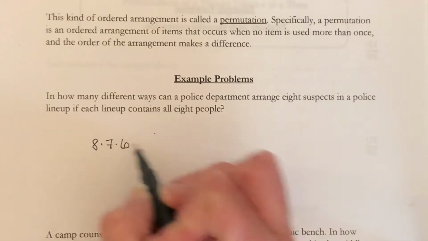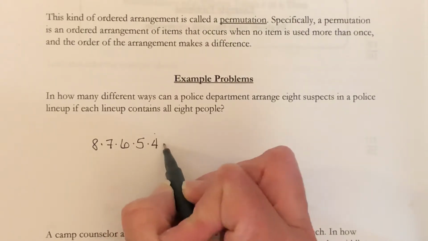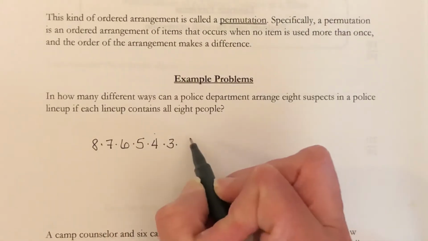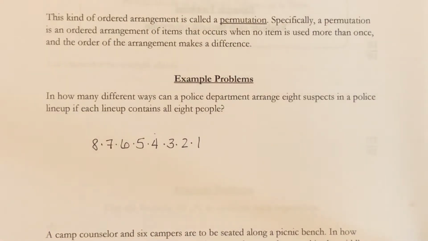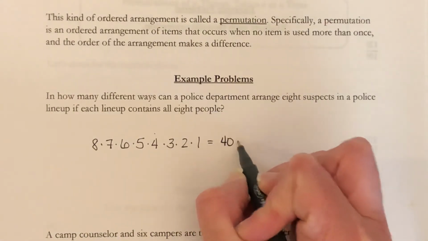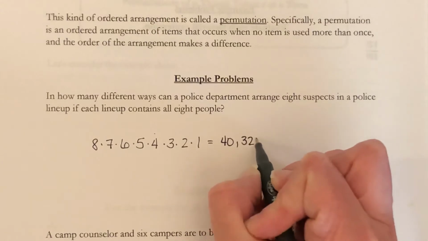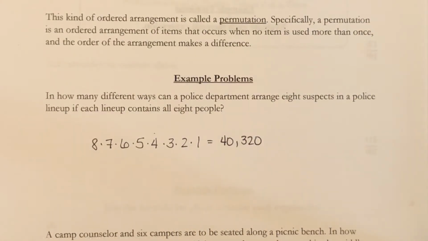And then I have 6 to choose from, and then 5, and then 4, and then 3, and then 2, and then 1. So you multiply this whole thing out, and you get 40,320. There are more than 40,000 different ways that those 8 people can be arranged for a lineup.